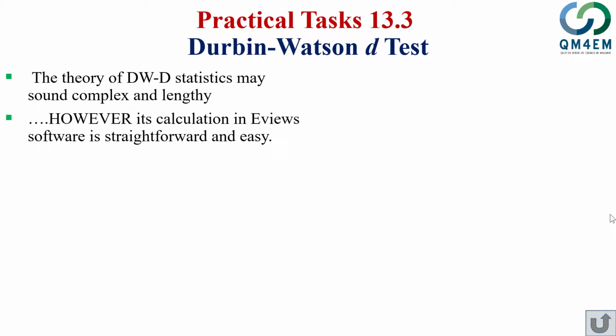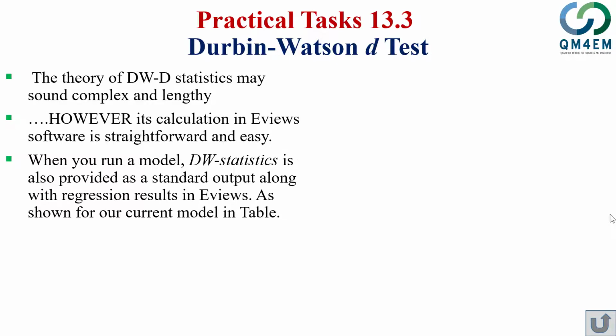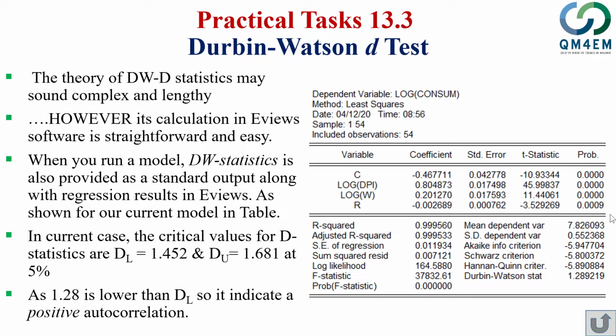The bad thing about the Durbin-Watson test is that its theory is too much. So to apply the Durbin-Watson test, this is a very straightforward task. All you have to do is run the model in EViews, and in some other software as well, as a standard output of regression provides the Durbin-Watson d statistic value.